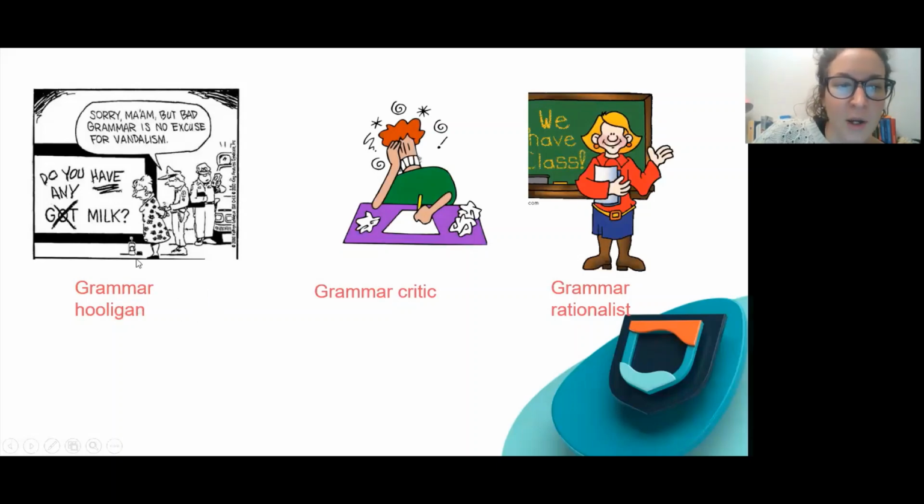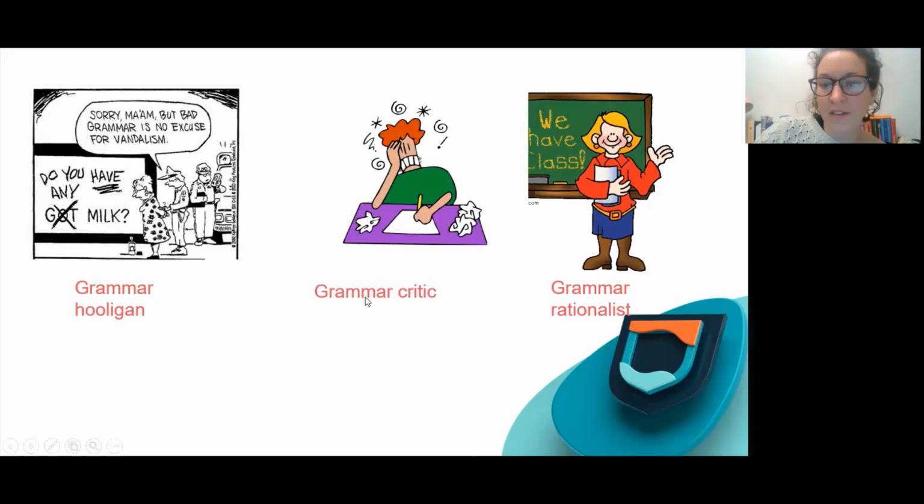A grammar hooligan would be a person who would be correcting everything right away, and being super precise and listening to everything.